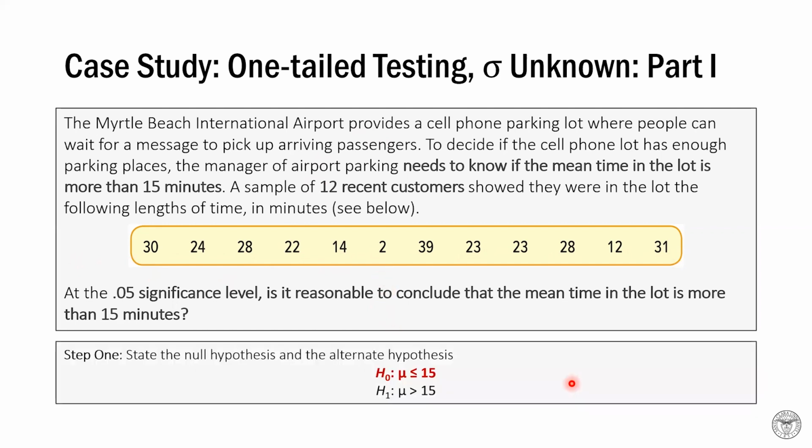Following the 6-step hypothesis testing procedure, the first step is to state the null hypothesis and the alternative hypothesis. Because we would like to know whether the mean time in the lot is more than 15 minutes, it is appropriate to set the null hypothesis as mu less than or equal to 15, and the alternative hypothesis as mu larger than 15.